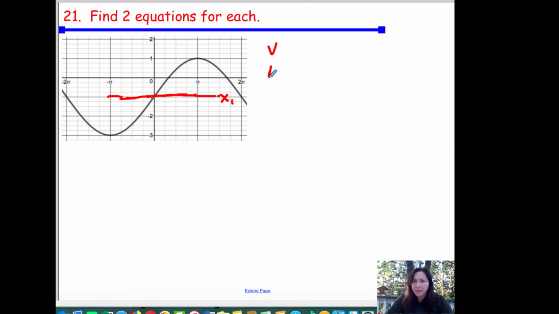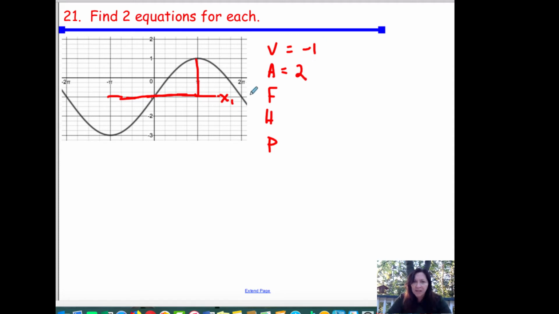I like to do my VAFHP. My V is my vertical shift, and it looks like I'm shifting down 1. My amplitude is the distance from my sinusoidal axis to the highest point or to the lowest point, and it's always a positive value. So this looks like 1, 2, positive 2.